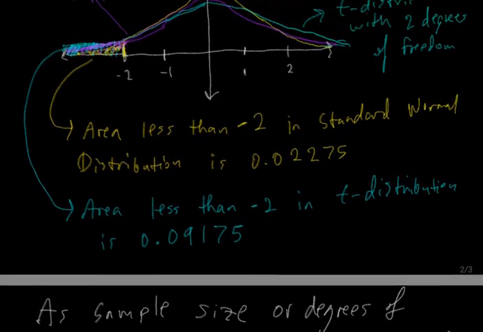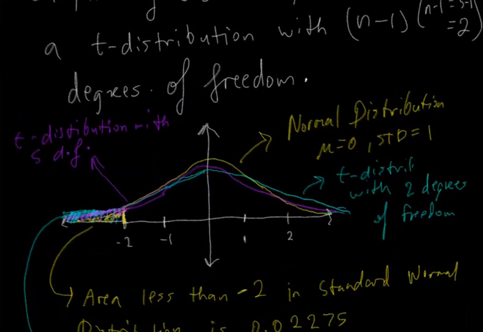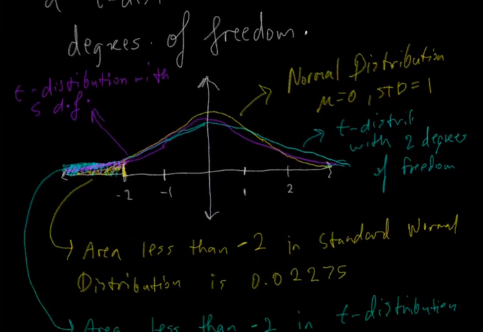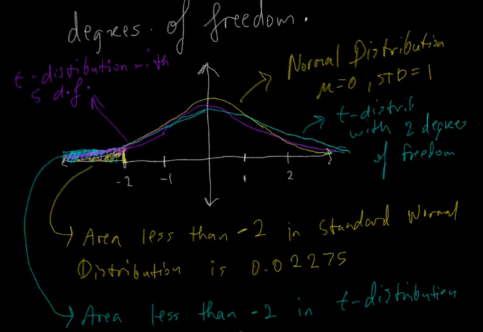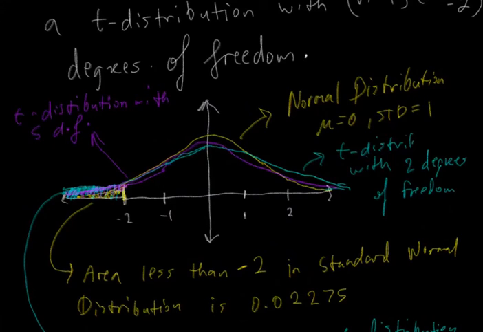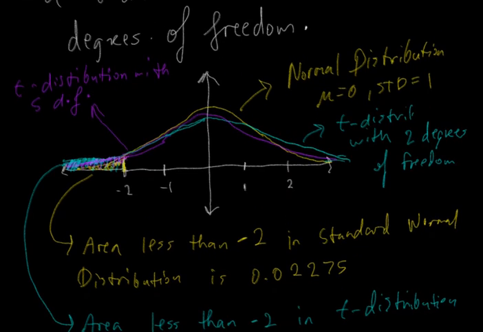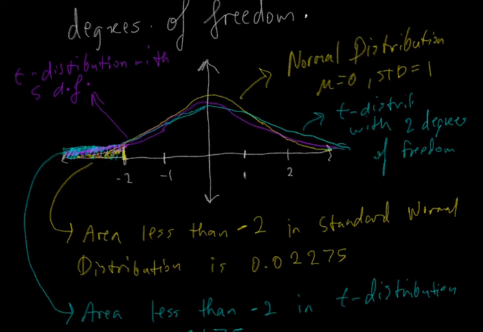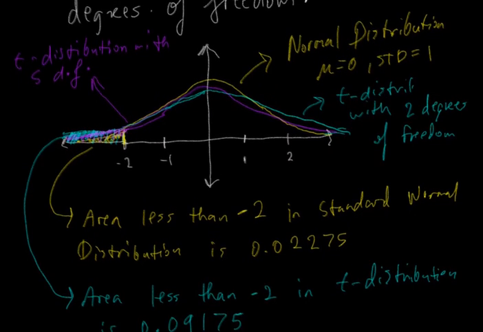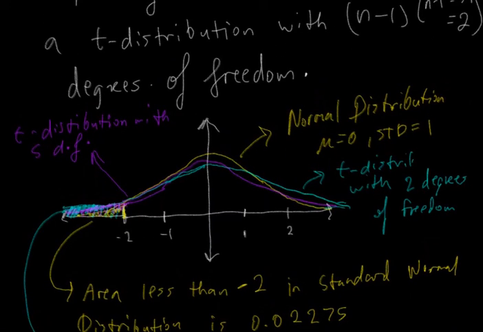So just to recap here, you could see that with a standard normal distribution you have an area of 0.02 less than minus 2. So the area less than minus 2 is 0.02, and as you decrease the degrees of freedom, the area increases. And as you increase the degrees of freedom, the t distribution approaches a normal distribution.